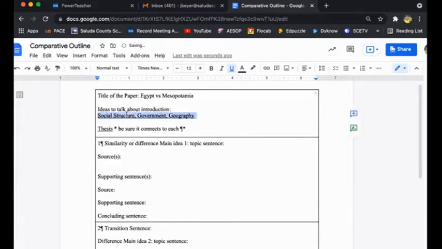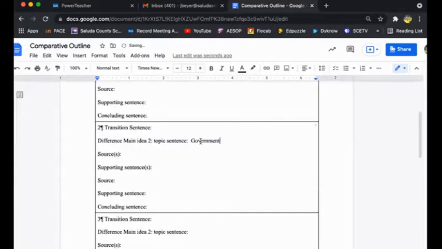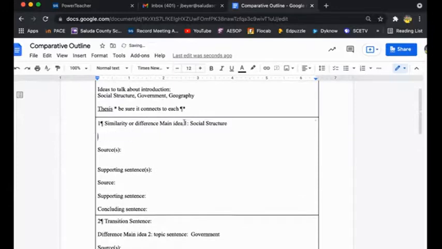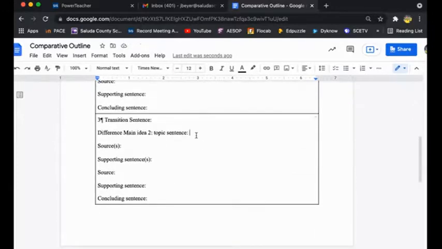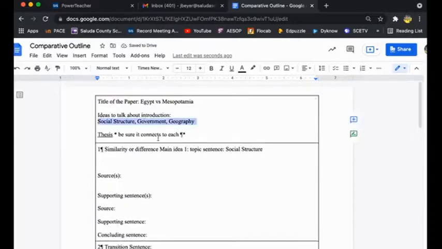So now that we got our ideas, I want y'all to go ahead and divide each of these into its own paragraph. Those are your three main ideas right here.